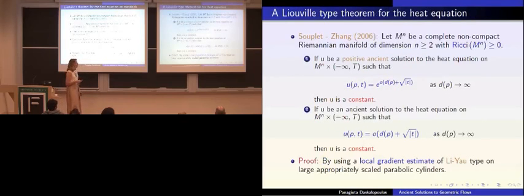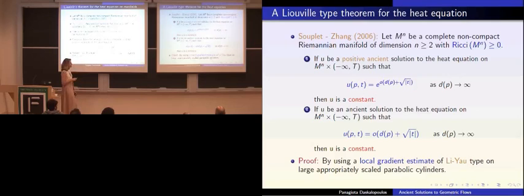So then you ask the question, how many of those solutions do you have and what conditions you need to impose. And it turns out that Qi Zhang showed in 2006 that for a positive ancient solution on a complete non-compact manifold with no negative Ricci curvature, somehow this is the critical case.